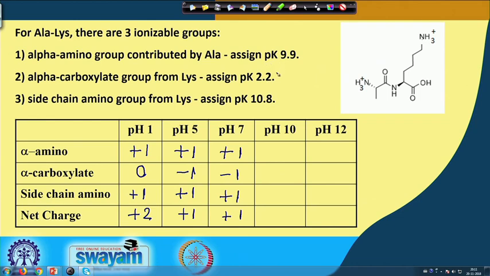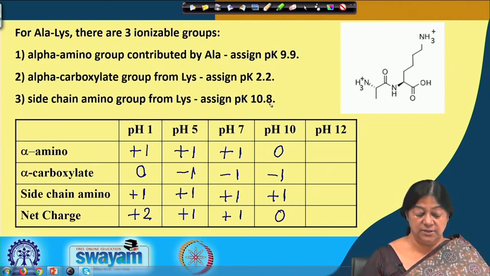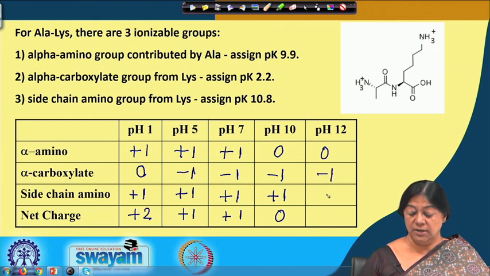This is the alpha amino group, so this becomes now 0 because it has lost the proton. This remains at -1, this is +1, it is now 0. When we reach 12, we lose this. So, this becomes 0, this remains at -1, this is at 0 and this becomes -1.